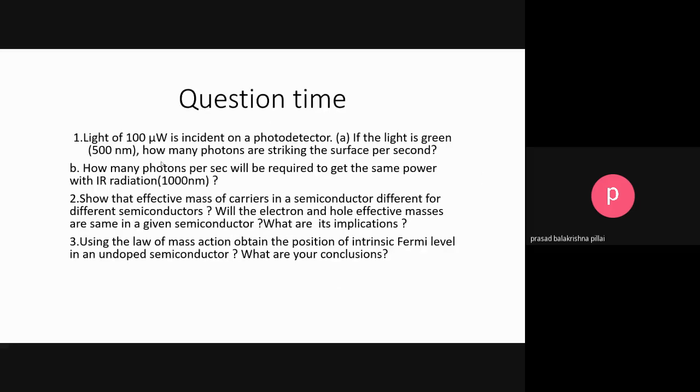Have you tried this? This was from the second or third lecture. Have you tried this question? First question. No, sir. Nidhi, have you tried? After the first assignment, you thought, oh, nobody is doing it, why should I do it?